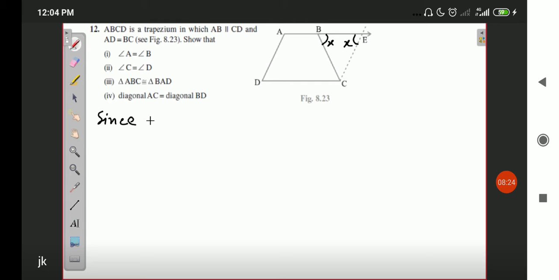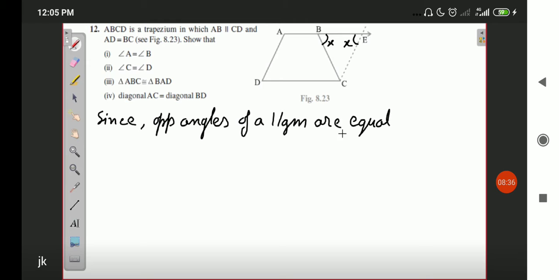Now for the second part, since opposite angles of a parallelogram are equal, angle D is equal to angle E is equal to x. Okay. And let us mark this as equation number 3.